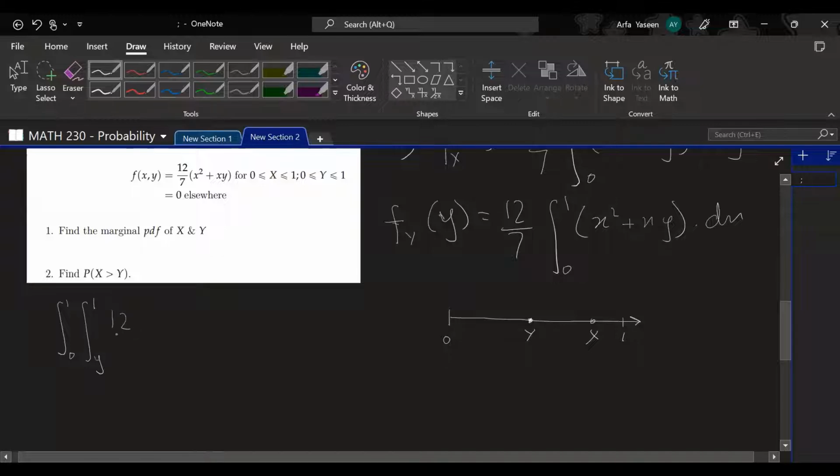And I write my function as it is. These are the limits for x. So you have to be careful about the order. And these are the limits for y.